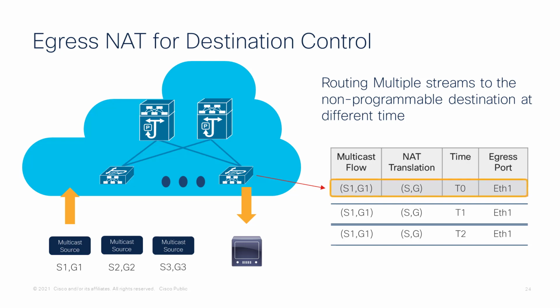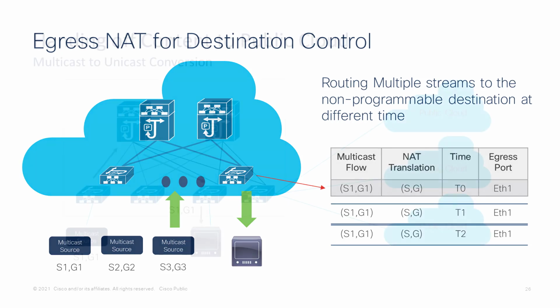At time t0, you see S1G1 being translated to S, G and sent to the destination. And at a different point in time, you could have the source S2G2 being translated as S, G and sent to the same destination, and so on, right? So you see how, without the destination requesting a specific flow, the operator can still route different sources to that destination, leveraging Egress Network Address Translation for Multicast.